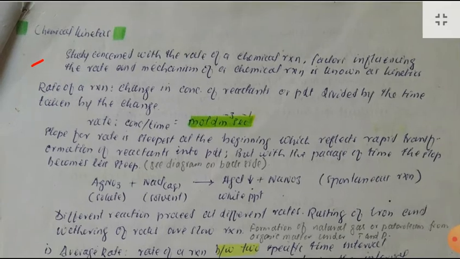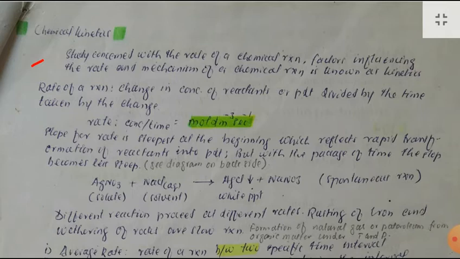So the rate is basically the transformation of a reactant into product. This rate is measured with respect to time. We check how much of the reactant is transforming into product per unit time.